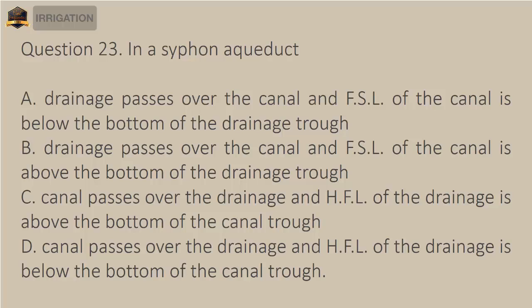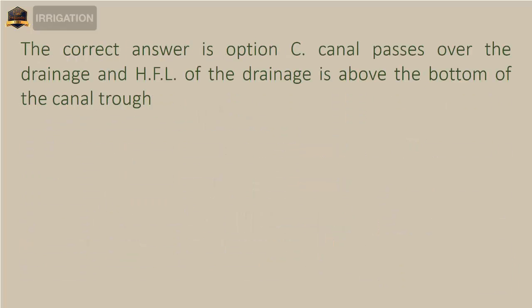D. Canal passes over the drainage and HFL of the drainage is below the bottom of the canal trough. The correct answer is option C, canal passes over the drainage and HFL of the drainage is above the bottom of the canal trough.